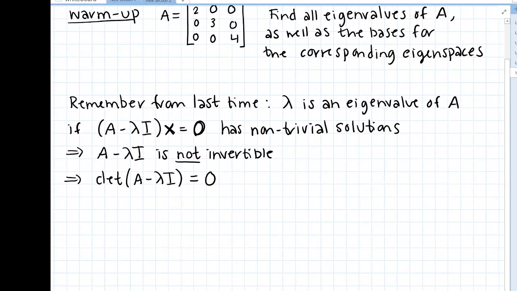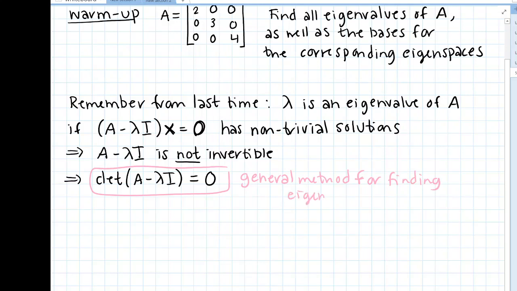So what we have here, this is kind of your general method for finding eigenvalues. And now we're talking about a special case.